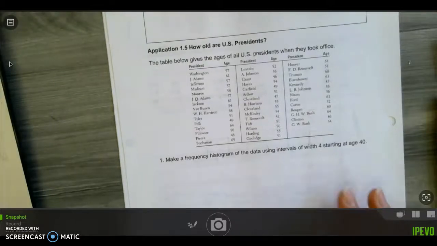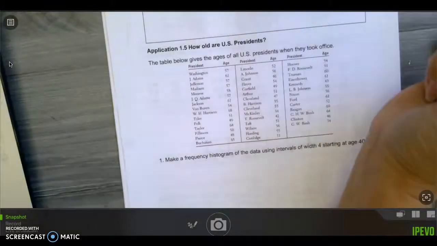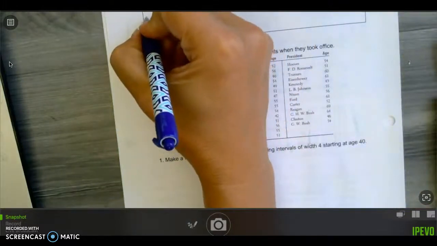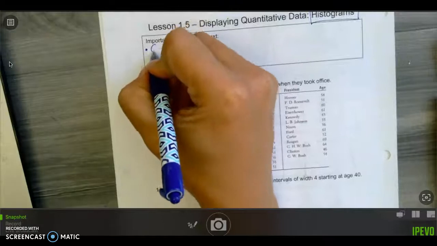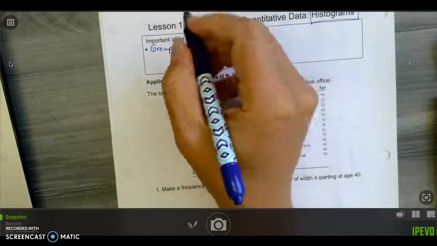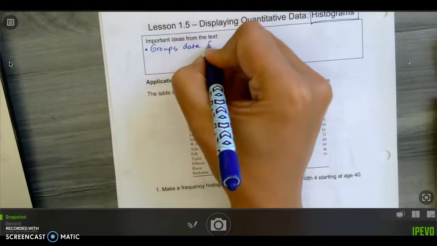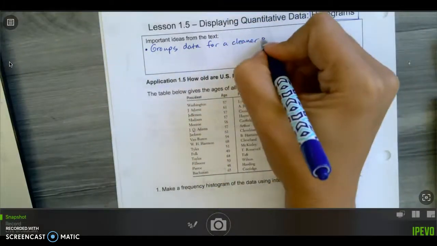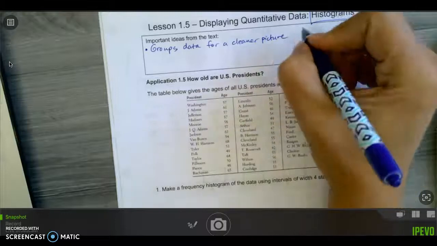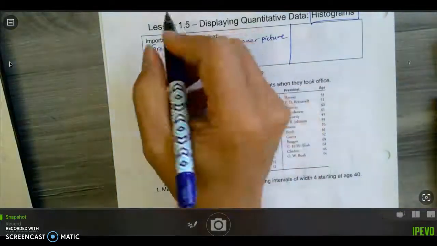Okay, our big ideas for histograms are, what are the benefits. Okay, so it groups data for a cleaner picture. Okay, I'm going to put a box here.